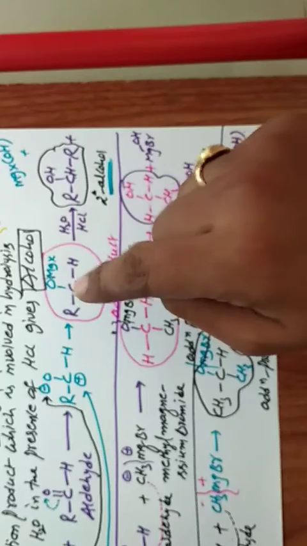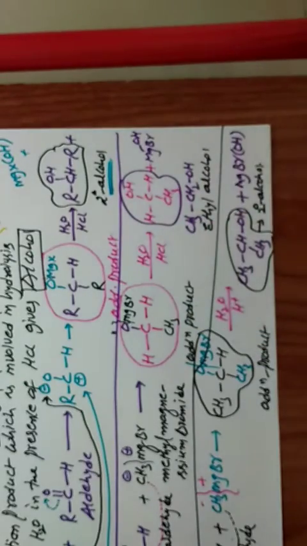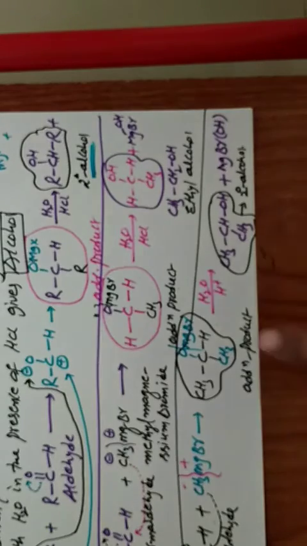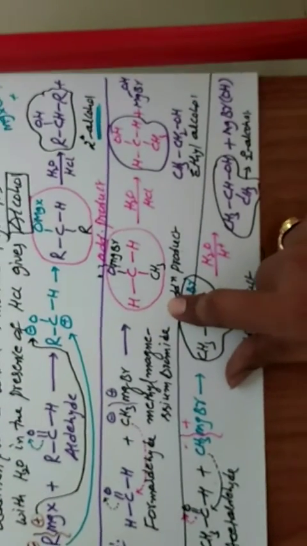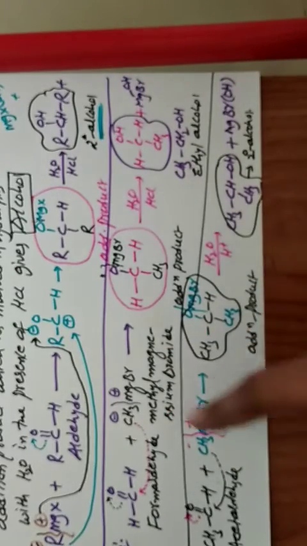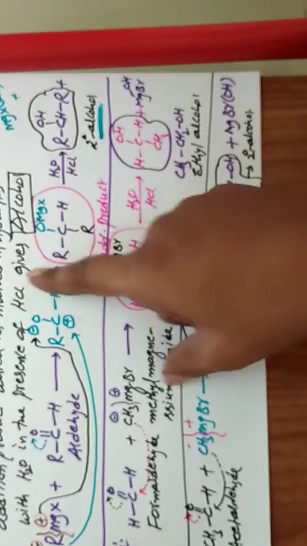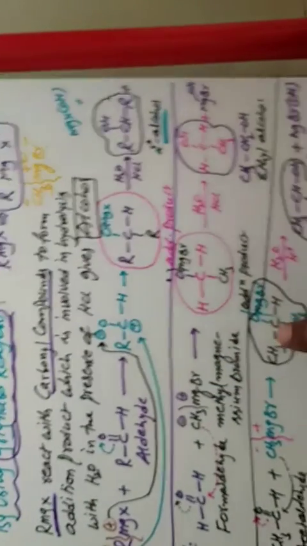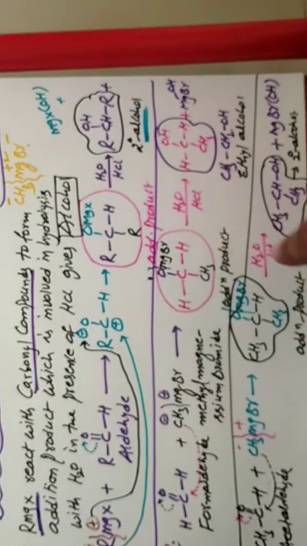Once you understand this mechanism, the remaining reactions are very, very easy. Whenever you write these examples, you must include the statements. That's why we mention the names also. By using this main statement, you write the statement of these examples.